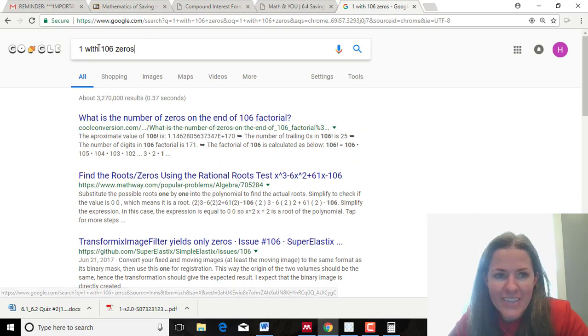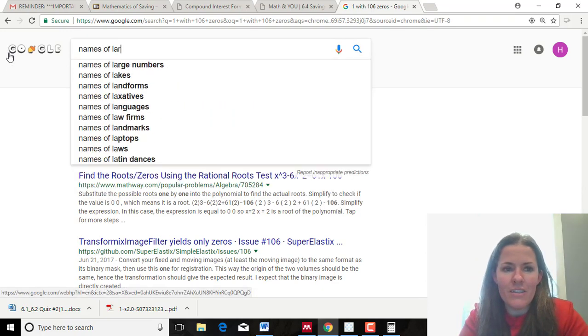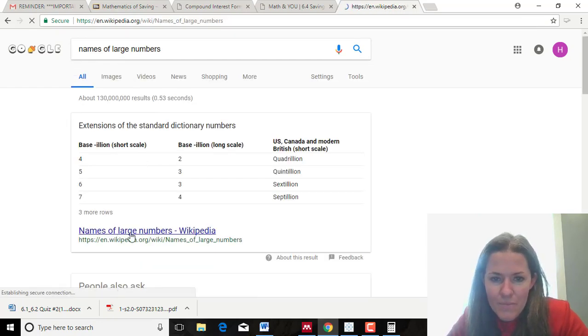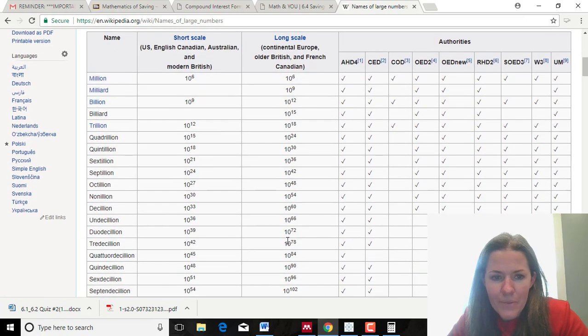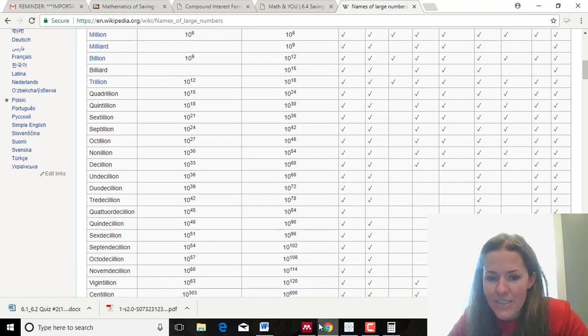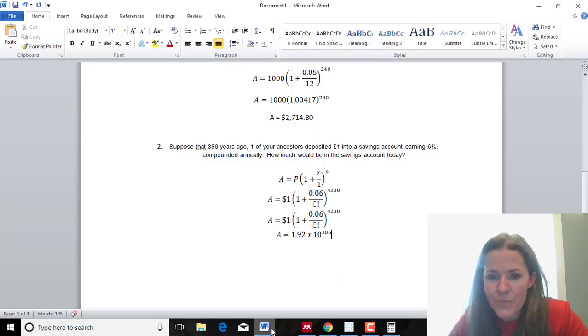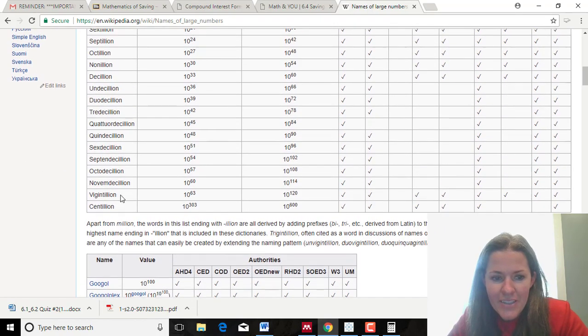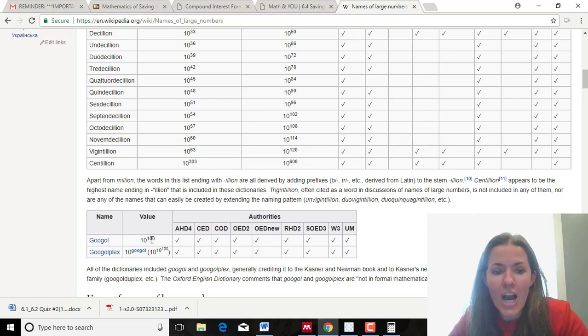Sometimes Google helps. Nah, it doesn't have it. Oh, here we go. Yeah, let's get Wikipedia. All right, let's see. 10 to the 106 power. So see, 10 to the 100th power is a Googol.